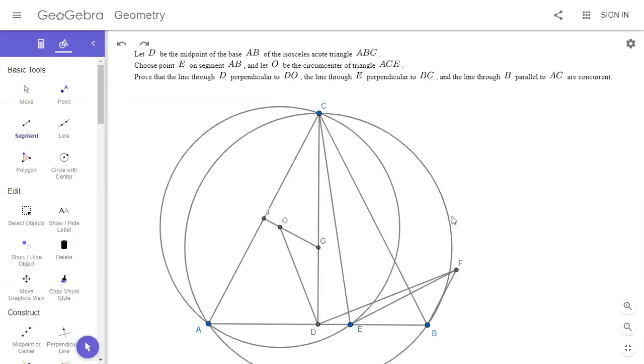This problem feels doable. It feels like it should be. Let's see. I feel like there's got to be some similar triangles or something.